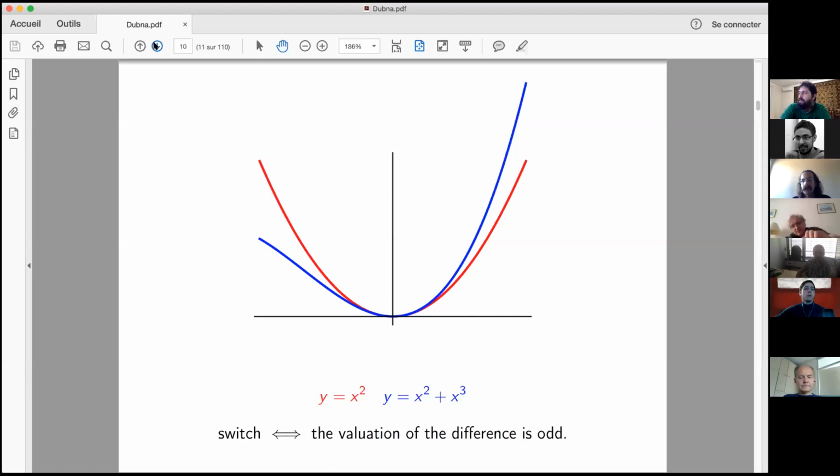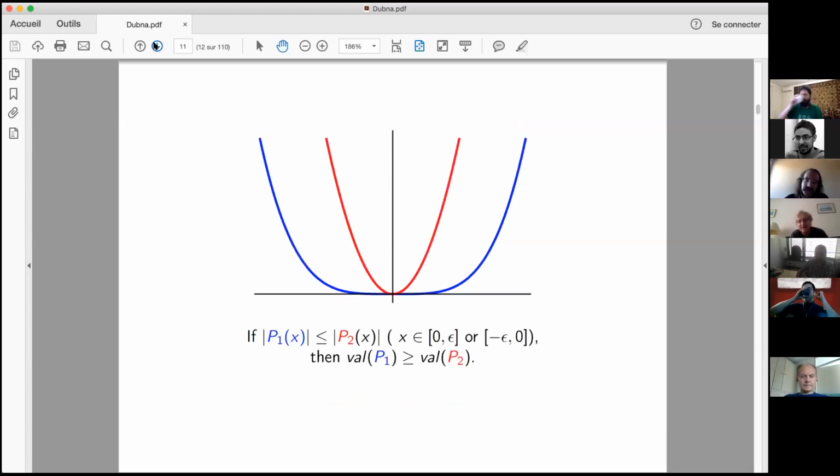You see the 2 graphs switch at the origin, and they do switch because the valuation of the difference is 3. The difference between x squared plus x cubed and x squared has valuation 3. So in order to see whether or not you have this switch, you just have to look at the valuation of the difference.